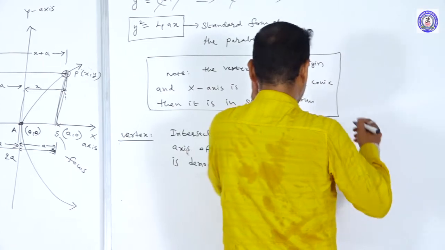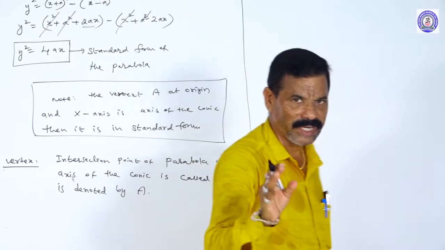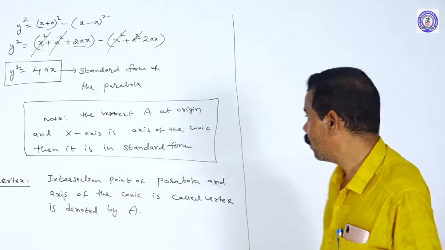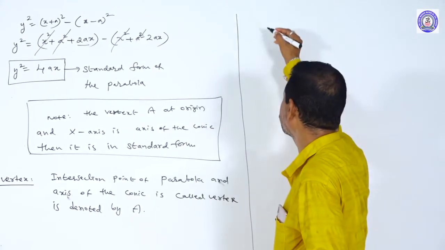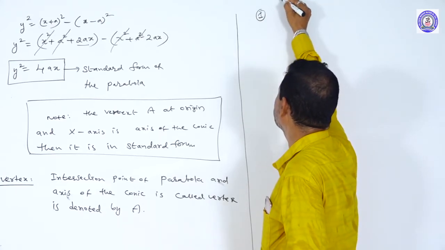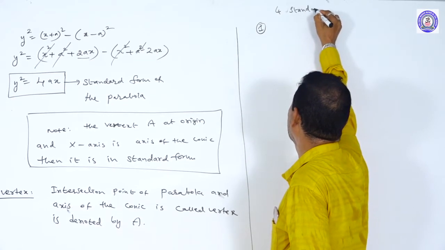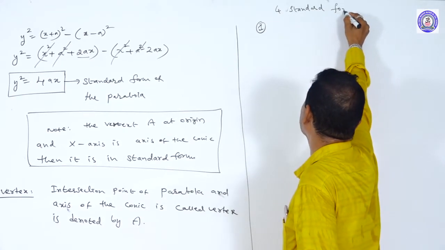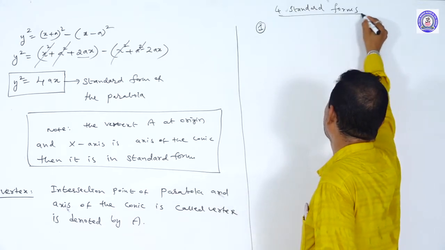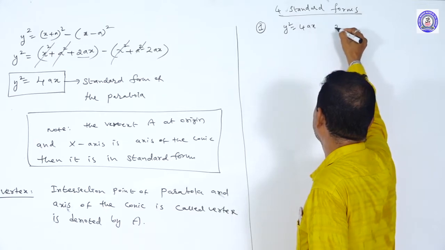After this, there are four types of standard forms of the parabola. One, y square is equal to 4ax.